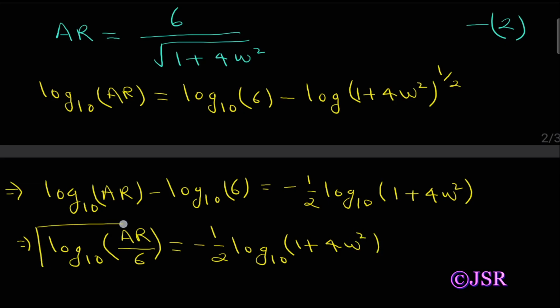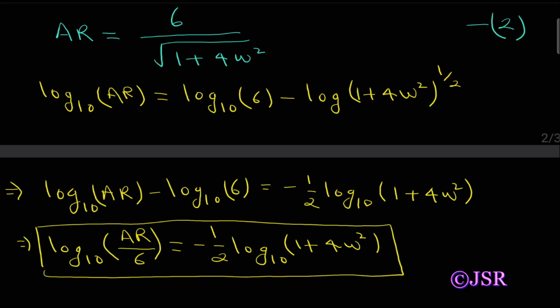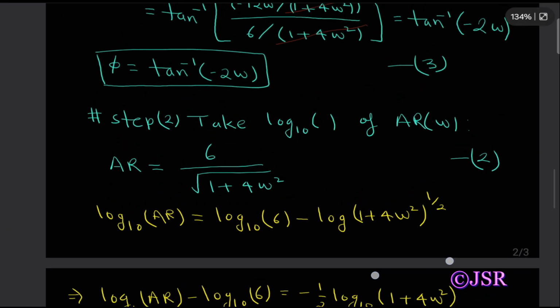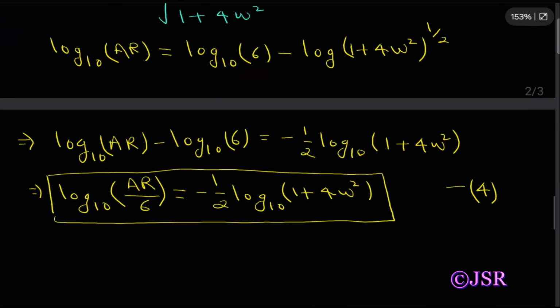So this is expression for amplitude ratio after taking log 10, and this is equation number 4. So we have equation number 4.